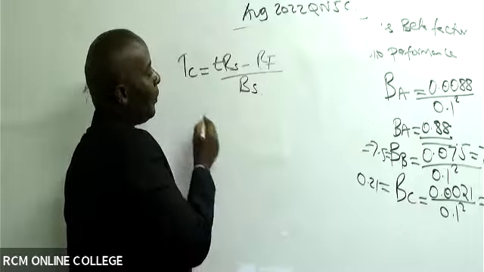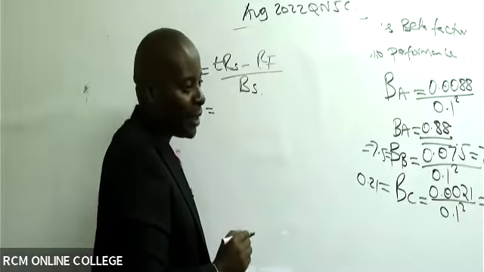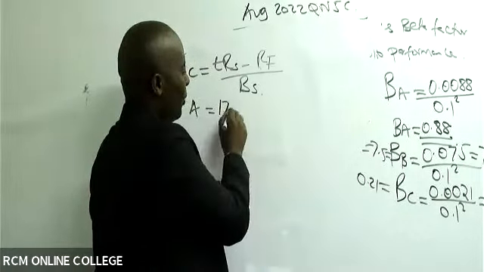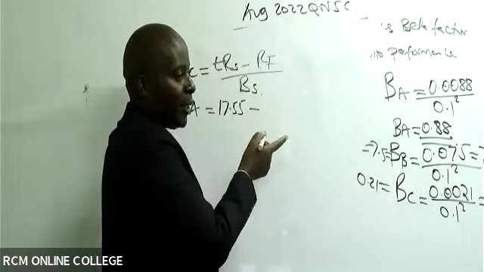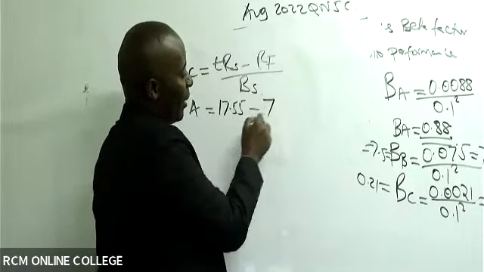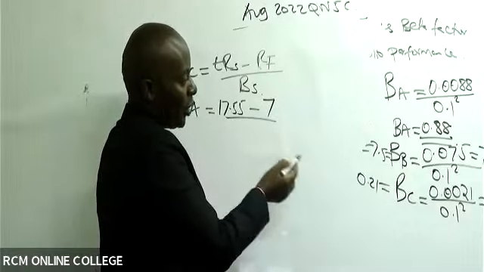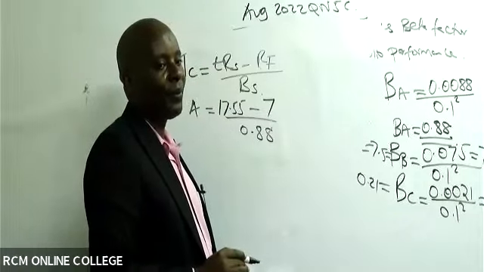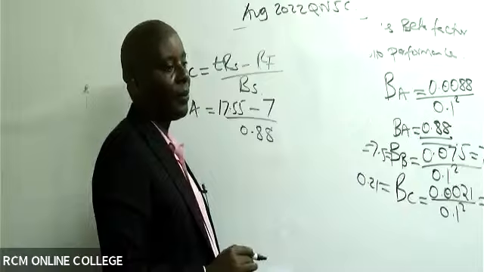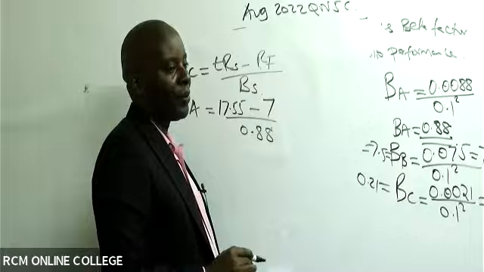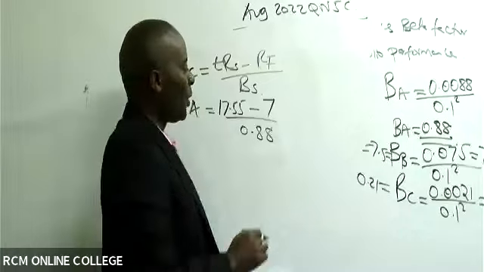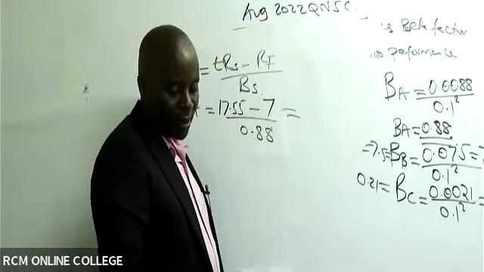So for A, are you able to see the expected return of A? 17.55, minus the risk-free rate of 7, over the beta that we have just obtained here, which is 0.889. Please move slowly.